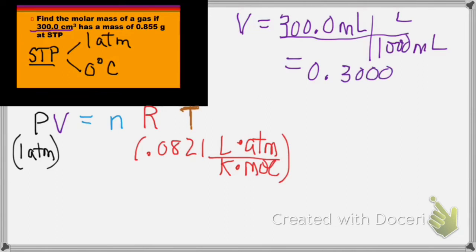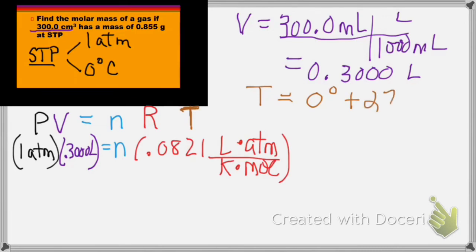0.300 liters, with sig digs the way that is written. Now we will plug that in for our V. We're solving for n. T must be in Kelvin. Standard temperature is 0, so we add 273 to that, and we will have a temperature of 273 Kelvin.